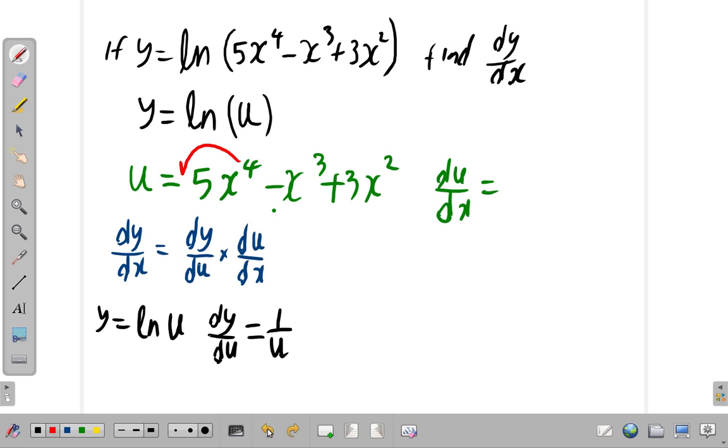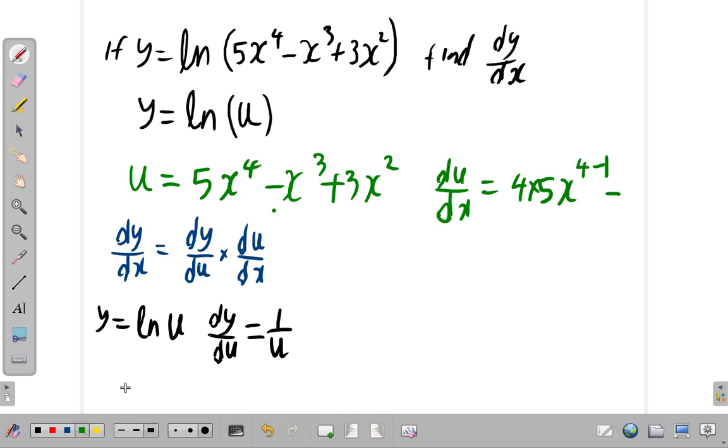Alright, so what you have is 4 times 5x to the power of 4, but then you're going to minus 1 from the old power to get the new power. So you say 4 minus 1.